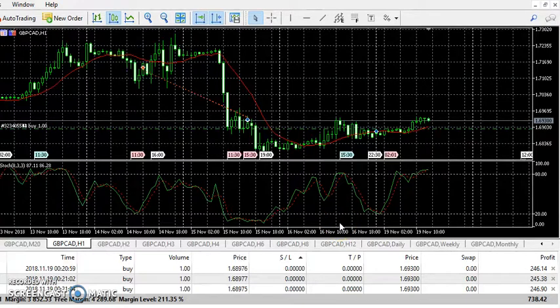Okay, so now my projection for this pair is to possibly make its way to the supply level, and there is a high chance of it creating a higher supply than the previous supply.